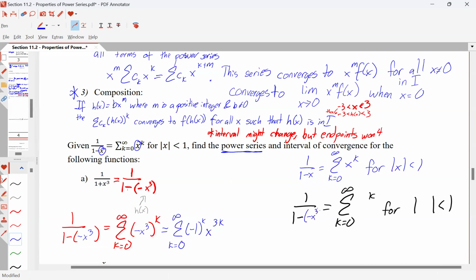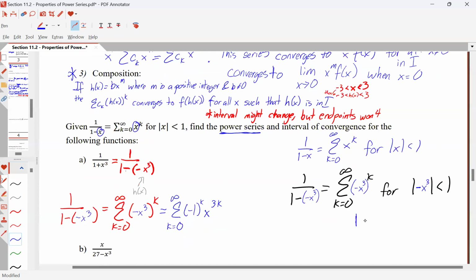So 1 over 1 minus negative x cubed is equal to that series for the absolute value of negative x cubed less than 1. Solving this inequality, it would be the absolute value of x cubed is less than 1 because the negative goes away in the absolute value. And then taking the cube root, we still get the absolute value of x less than 1.